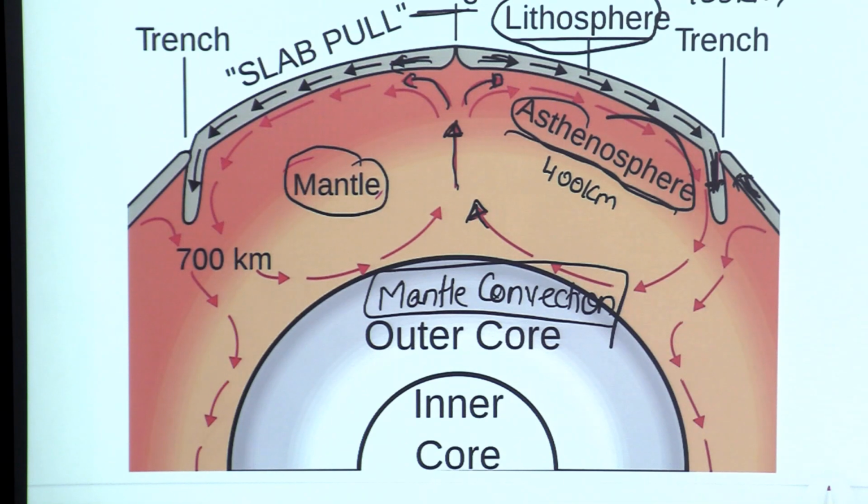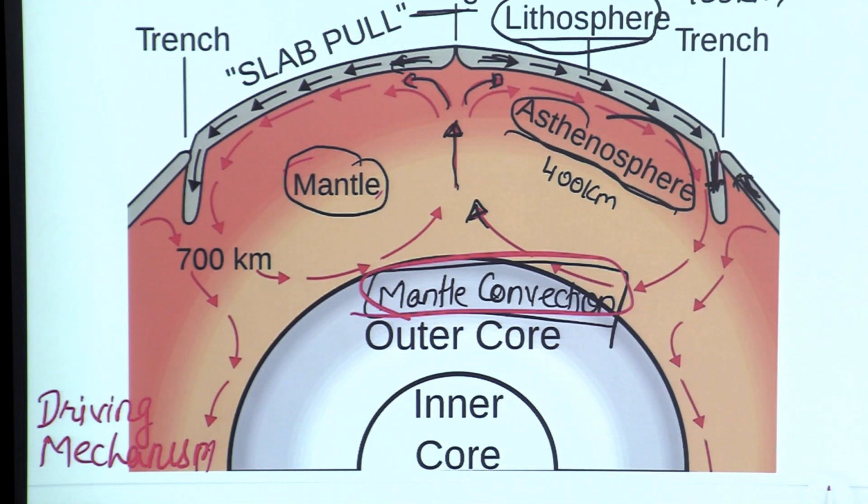The driving mechanism is mantle convection. It is not the pole fleeing force and it is not the tidal force. It is lithosphere floating over asthenosphere.